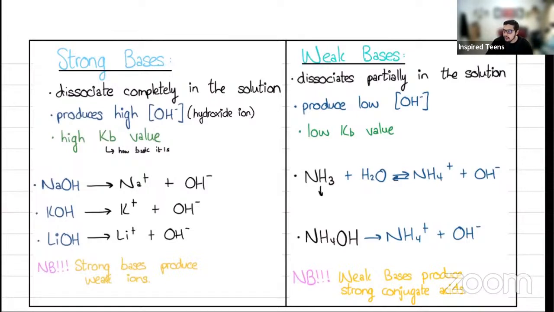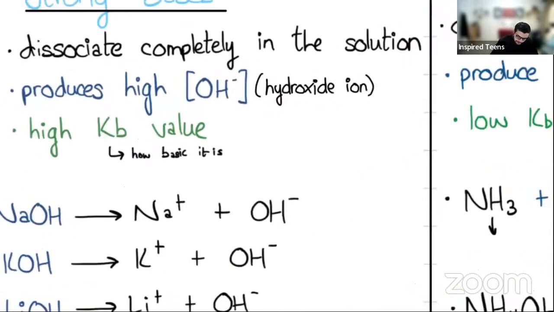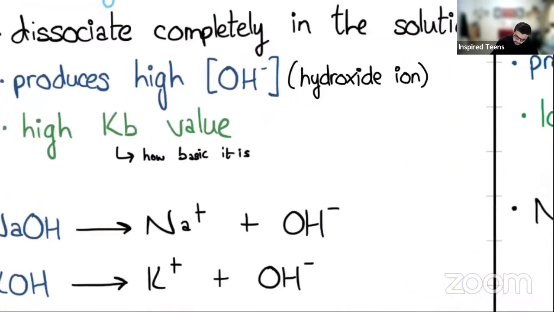What is Kb? Kb again is now a basic constant. Let's get rid of this. Okay, Kb, similar to Ka. This is a basic or an alkali constant, and it essentially tells us how basic something is.